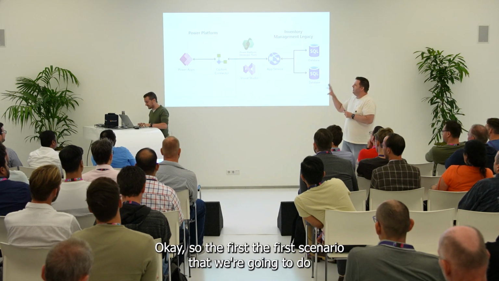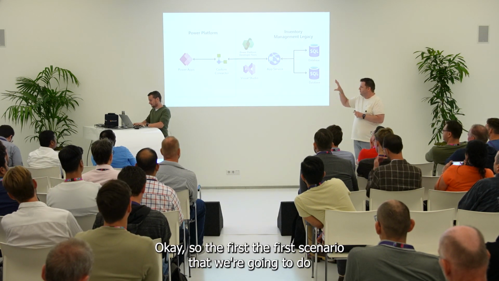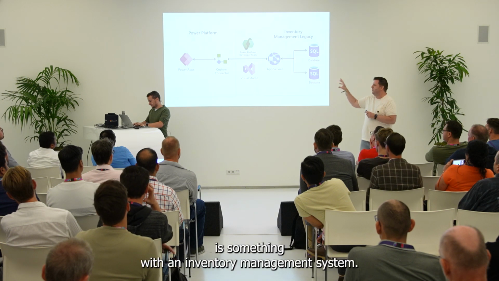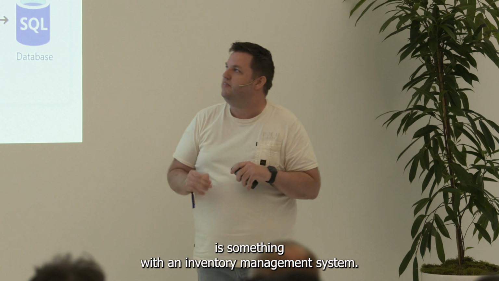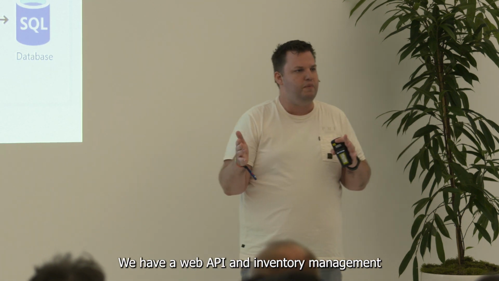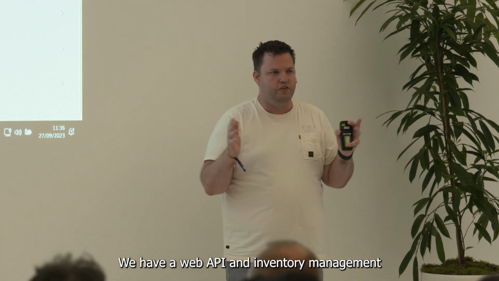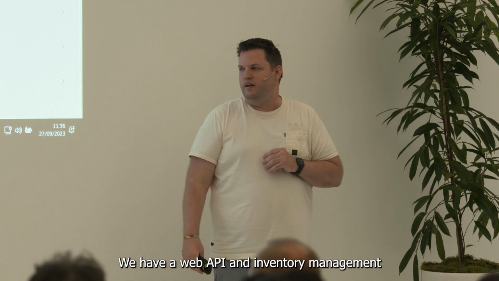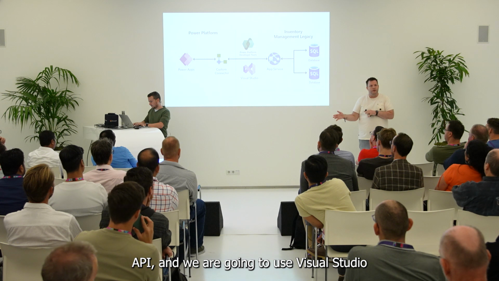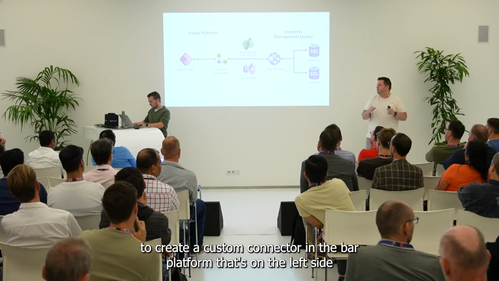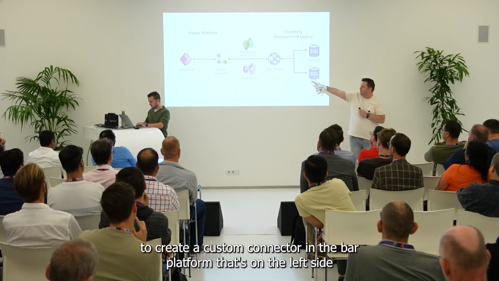Okay, so the first scenario that we're going to do is something with an inventory management system. We have a web API, an inventory management API, and we are going to use Visual Studio to create a custom connector in the Power Platform on the left side.